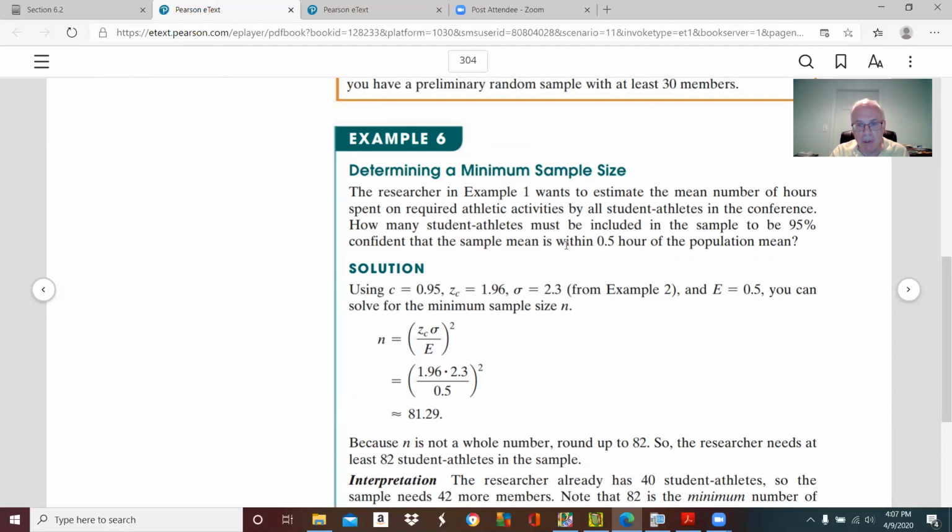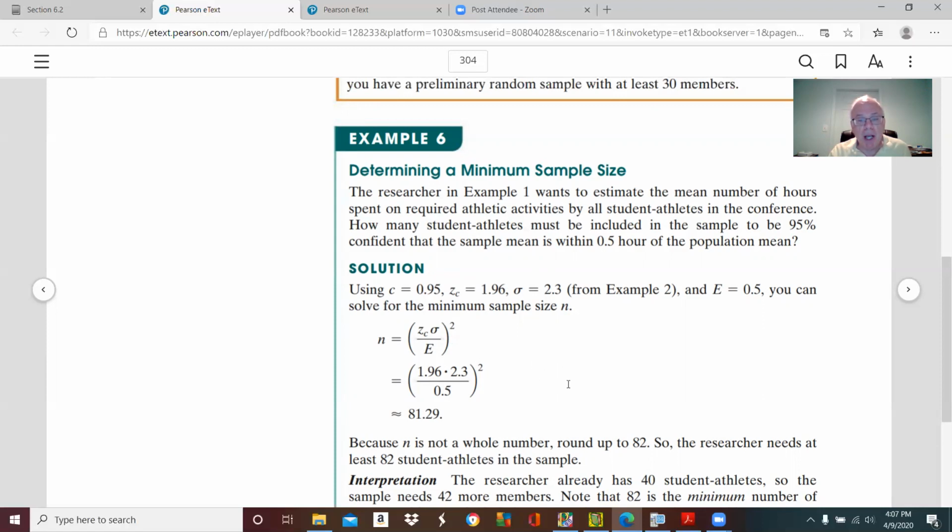All right, so you always look for that, unless they tell you the margin of error is equal to something. If you see the word within, that is the margin of error. All right, now, our level of confidence is 0.95 because we want to be 95% confident, so that's C. If you remember from last time, we did inverse normal for 95% confidence, and what we would do basically is draw our normal curve.